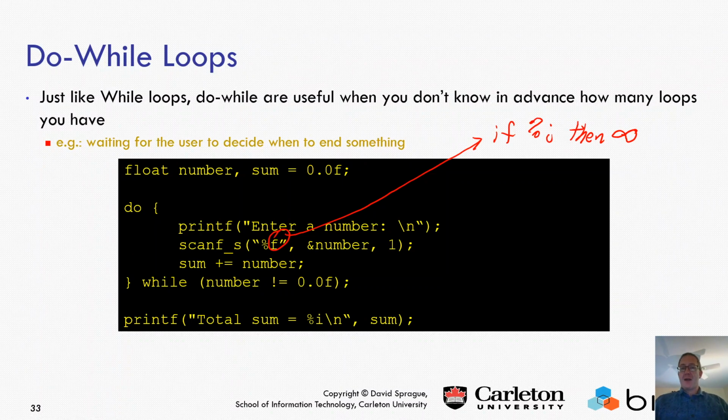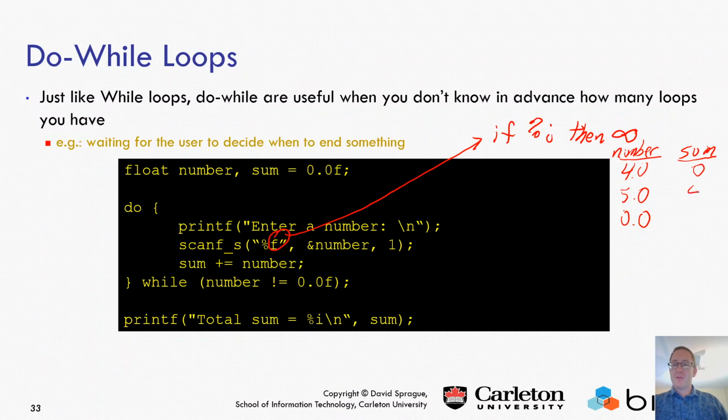So let's say I type in the values 4.0, 5.0, 0.0. What ends up happening? I will enter a number. I will then get the value for number, this variable number here, will get the value 4. My sum value starts off at 0.